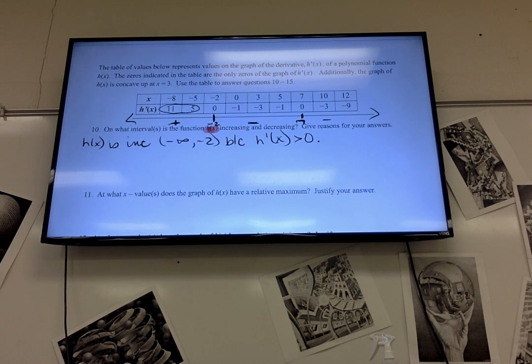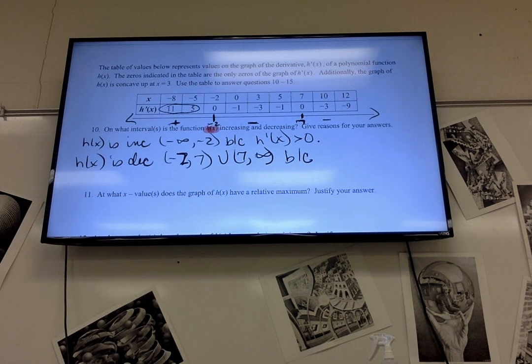All right, so when is h of x decreasing? Negative 2 to 7, union 7 to infinity. Why?